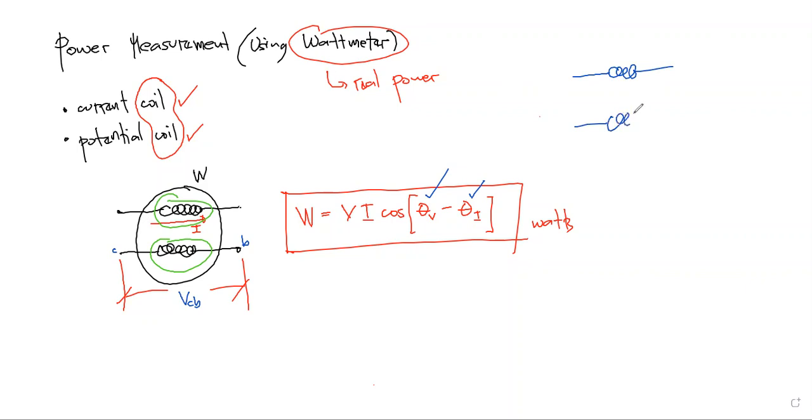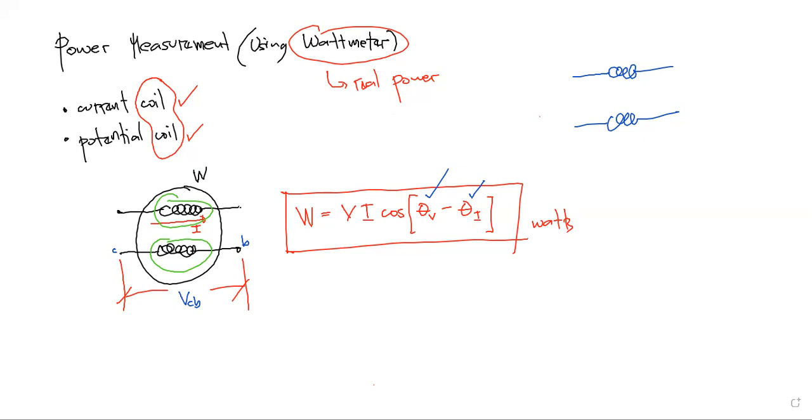Okay, so you have the potential coil and the current coil. But then, how do we insert the wattmeter in order for it to indicate the real power?